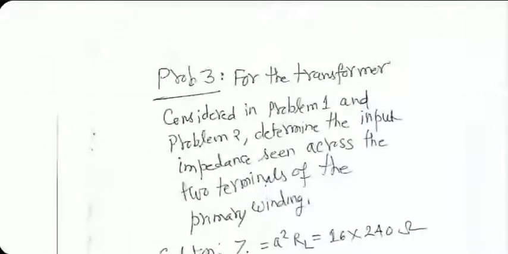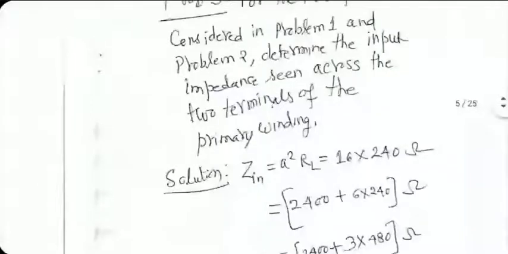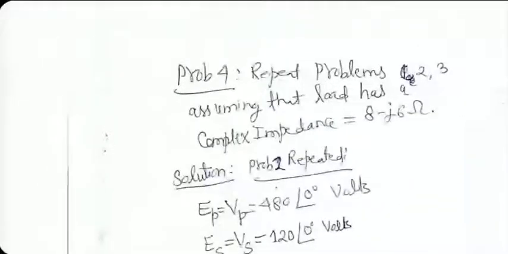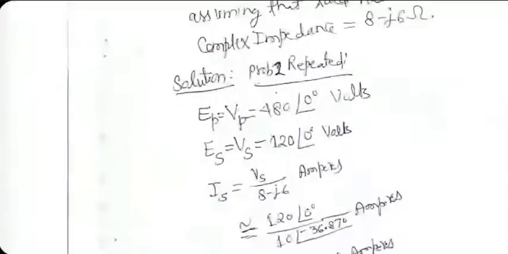This is again assuming real number, so don't worry about it. I want to go to the complex load. If the load is 8 minus J6 ohm, what will be the nature of calculations now?